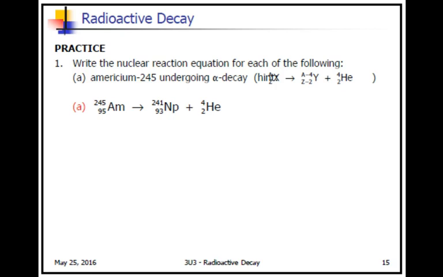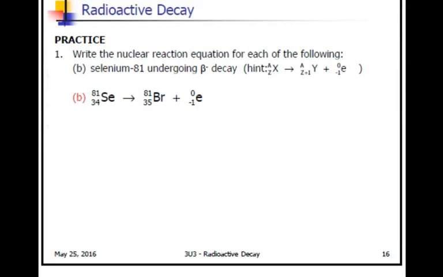The helium atom, the alpha particle that we lose, is a 4-2, so we have to drop our mass by 4, and we have to drop our protons by 2. And if you look at americium on the periodic table, and you move 2 to the left, you have neptunium. So americium transmutes into neptunium, and we have the alpha particle, helium, being given off as well.